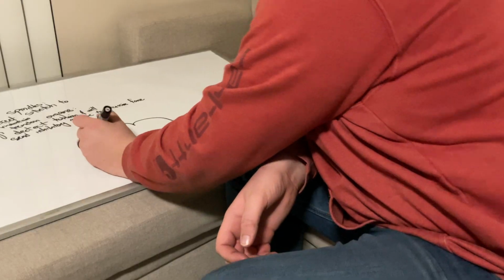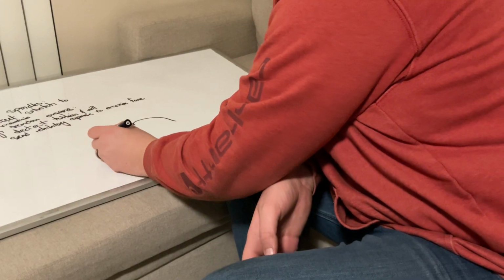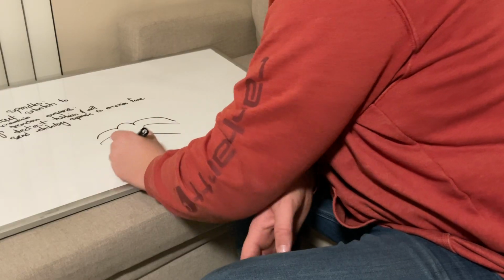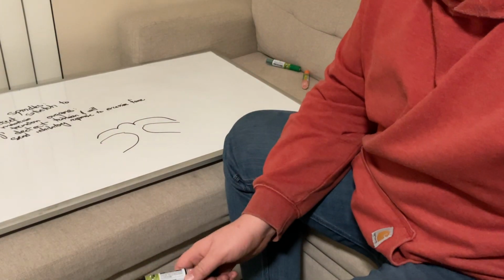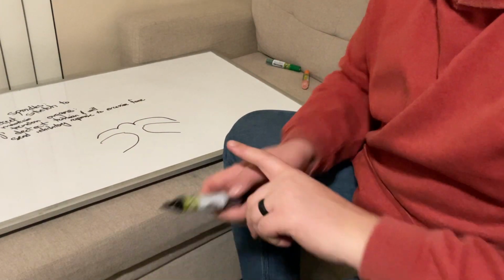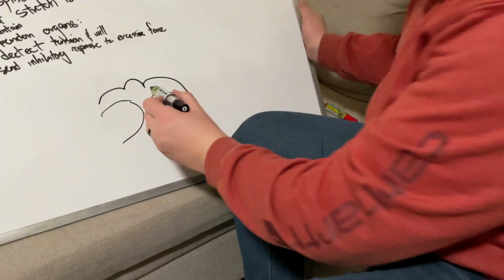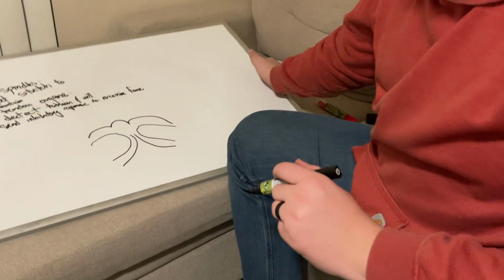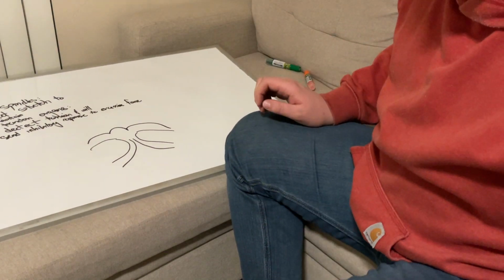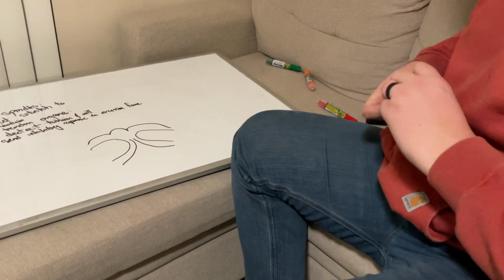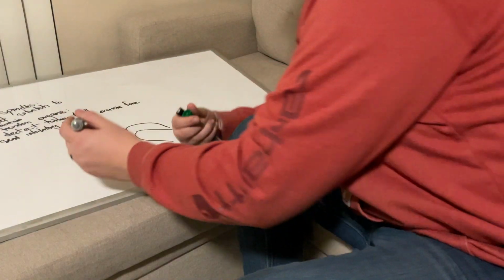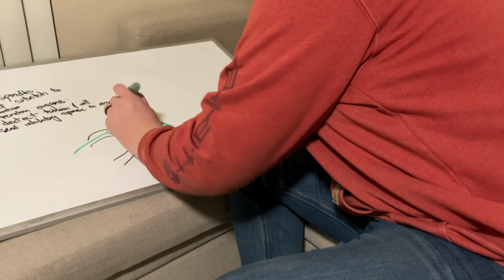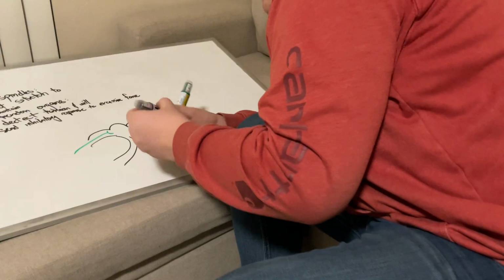This is a cross section of our vertebrae. It's not great, but it'll work. So we'll have an incoming sensory and an outgoing motor.